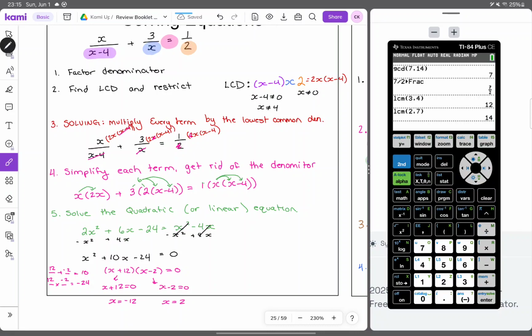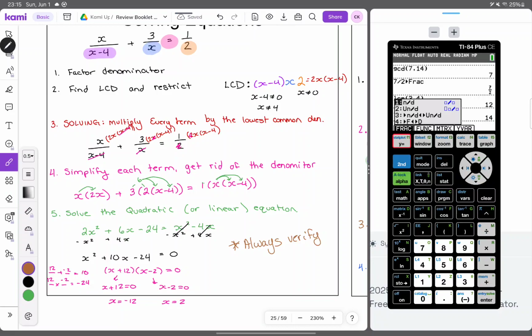For these ones, there are some notes. Always verify. So you're going to sub these numbers back into your original and make sure you get the right answer. So we're going to use our fraction button and we're going to say x.